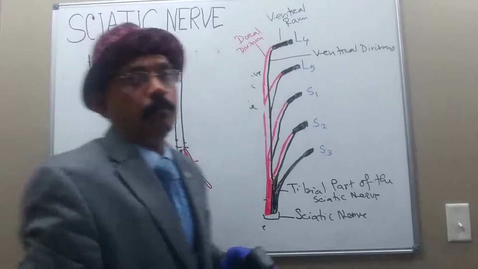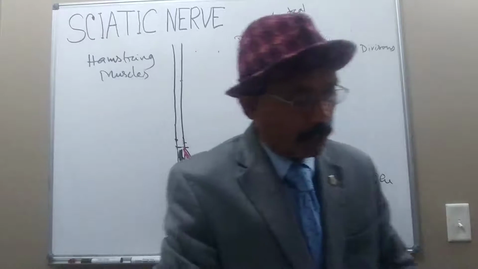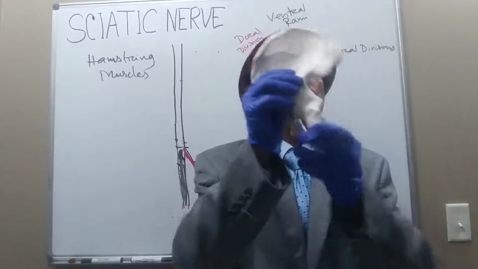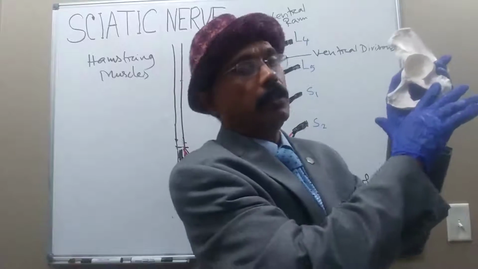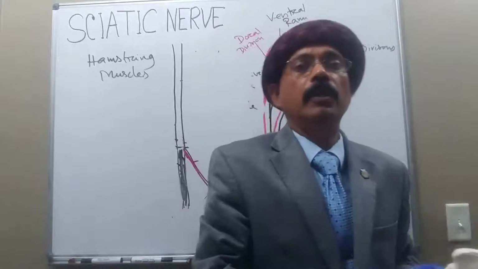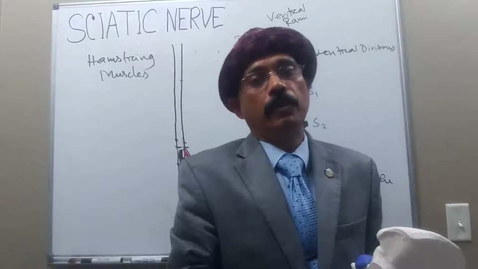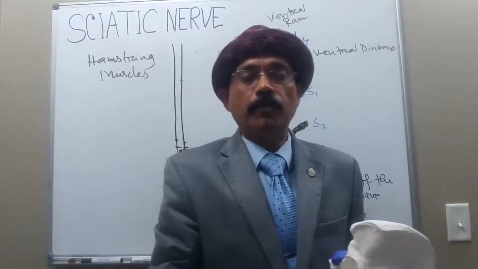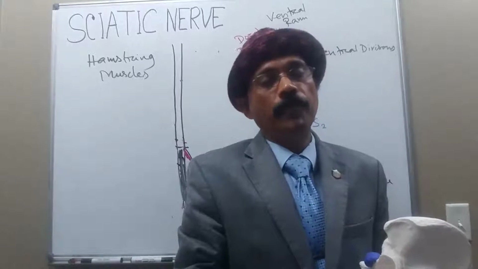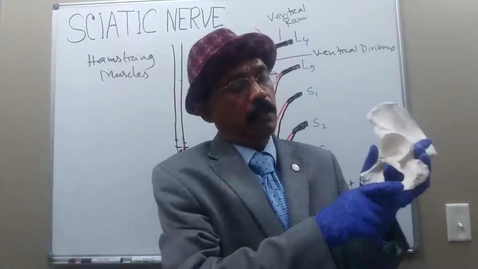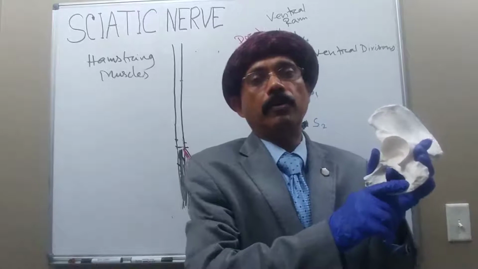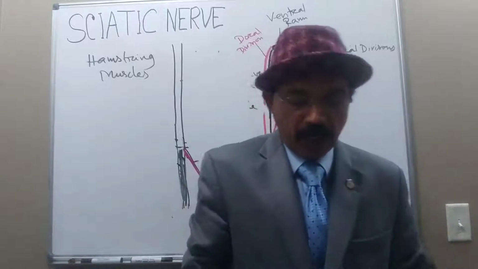What are the hamstring muscles? All the hamstring muscles take origin from the ischial tuberosity. These are the semimembranosus, semitendinosus, the biceps femoris long head, and the ischial part of the adductor magnus muscle.